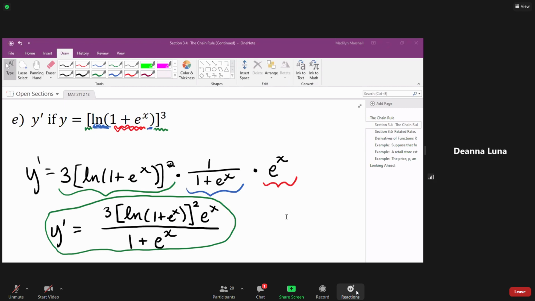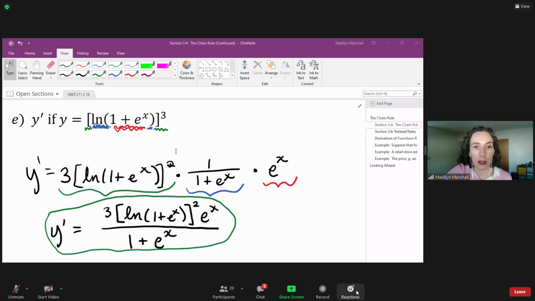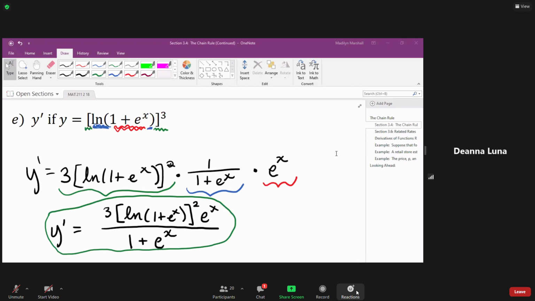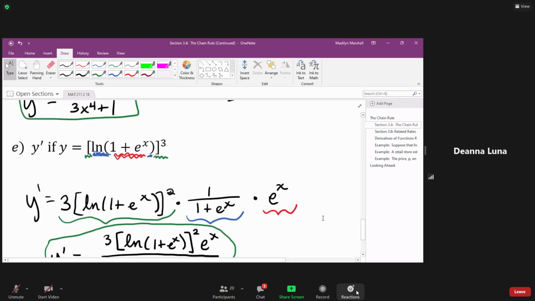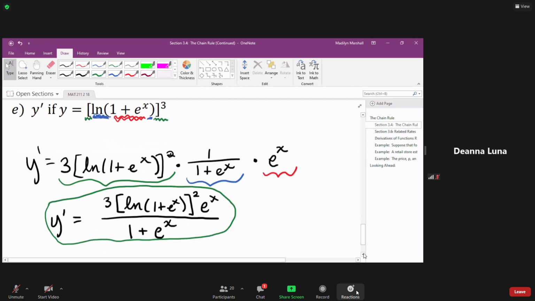With the natural logs, if there was an exponent that was like, say, a fraction, like 2/3, how would you go about that? Say you have this exact equation that's on the screen, the natural log. If you take out the brackets and just raise, so if you have natural log parentheses 1 plus e to the x parentheses raised to the third, or raised to the 2/3, how would you do that?